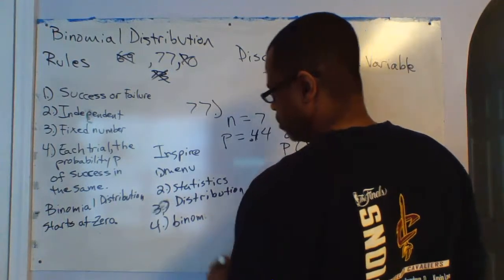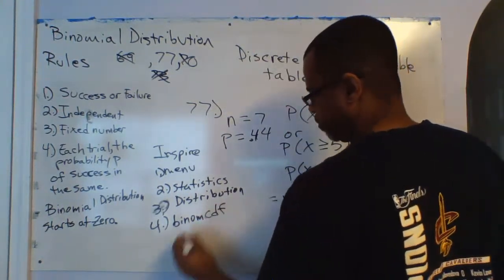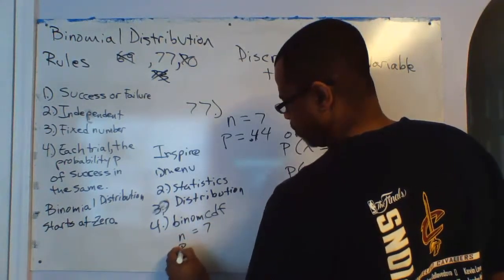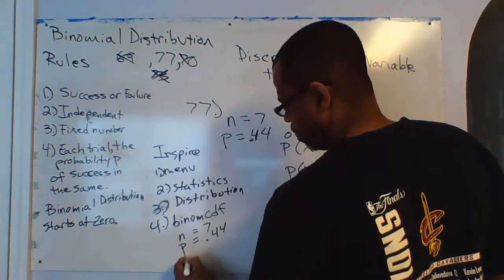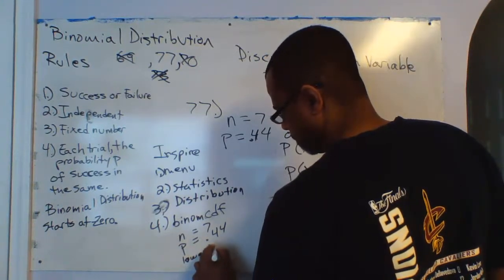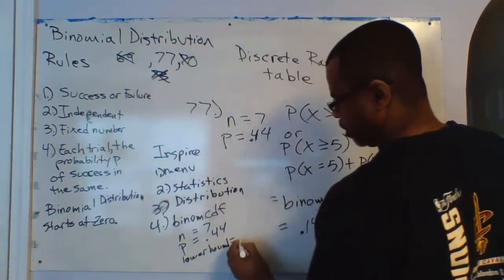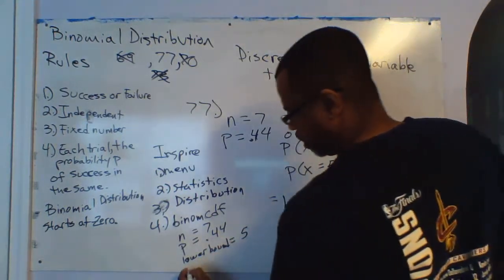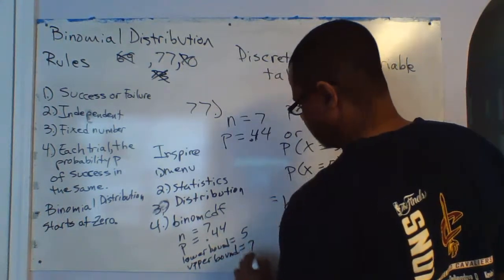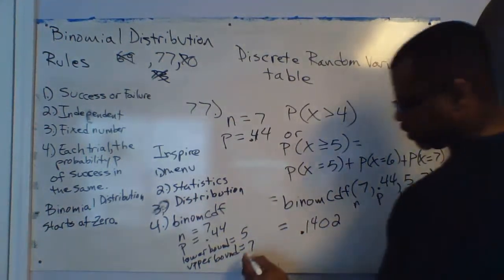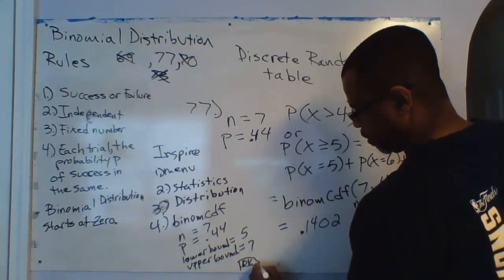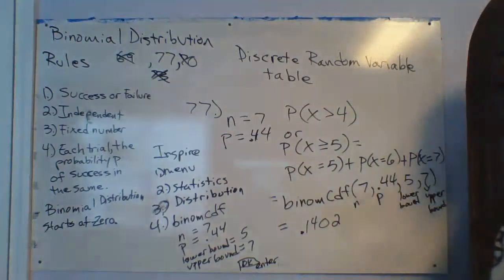Then you have binomial CDF. Then it should have N, and you're going to plug in 7. Then you're going to have P. You'll plug in 0.44. Then it's going to say lower bound, and in this case that's 5. And your upper bound is going to be 7. Then all you have to do is click on OK and hit enter, and you'll get the number.